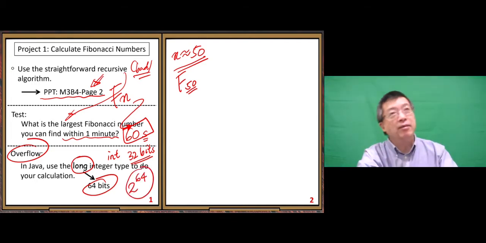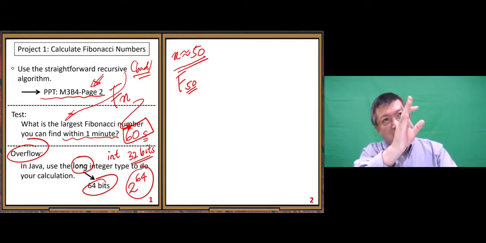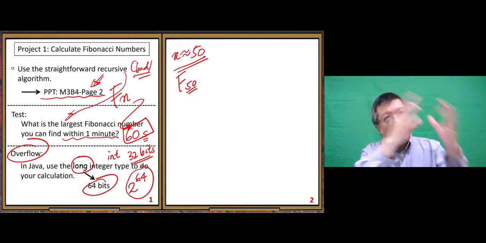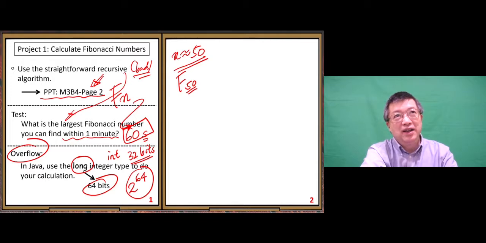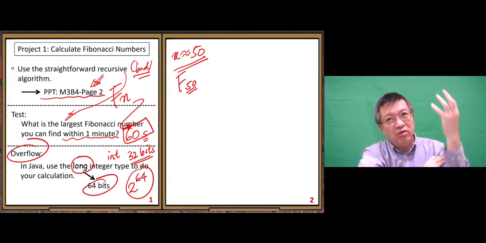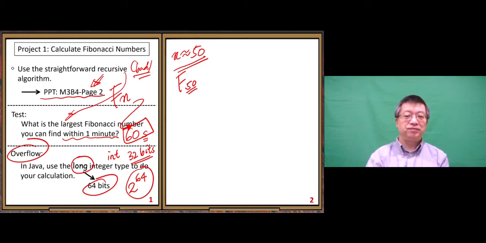How large is that number? So you can calculate more Fibonacci numbers, but there is a limit, right? Sooner or later, you will get an overflow. But you need to find a way to detect it. How to detect the overflow?